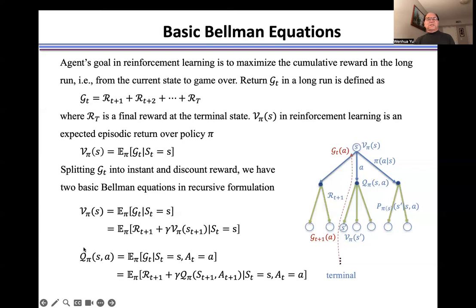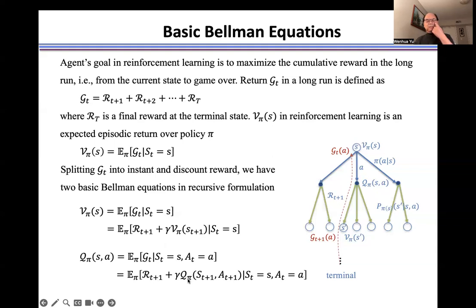We follow the same idea to define another value function called the action state value function. It's defined at state s and selected action A. Its update equation is also given by the reward from the environment and its next state and next action.